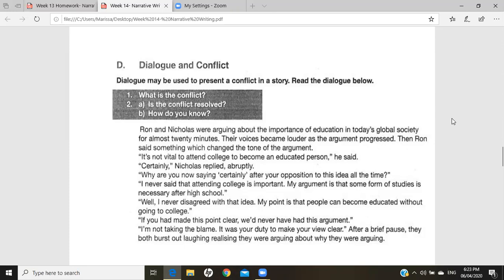But predominantly, it appears as though the conflict has been resolved because the text says after a brief pause, they both burst out laughing, realizing they were arguing about why they were arguing. This last line where they mention the laughing really tells us, even after the pause, it solidifies that the arguing has subsided and they're going to go back to being normal.